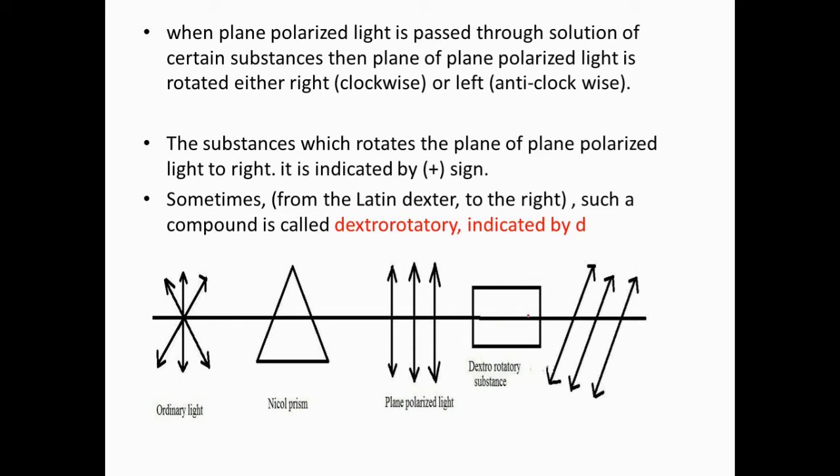Then this substance is indicated by a plus sign. Such a compound is also called dextrorotatory, indicated by a small letter d, because in Latin dexter means to the right.